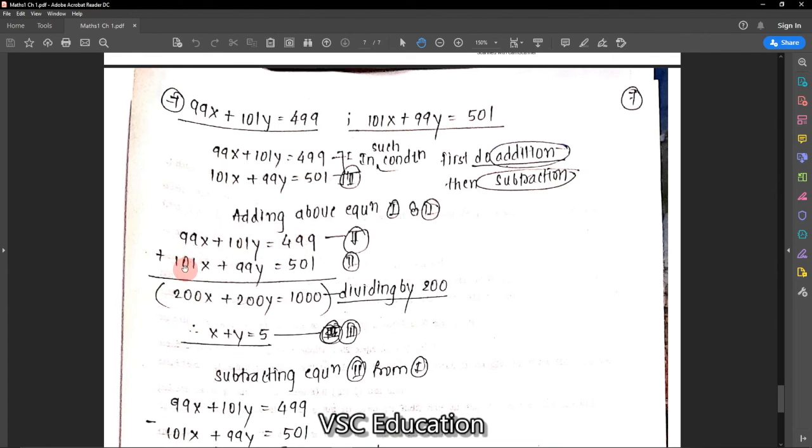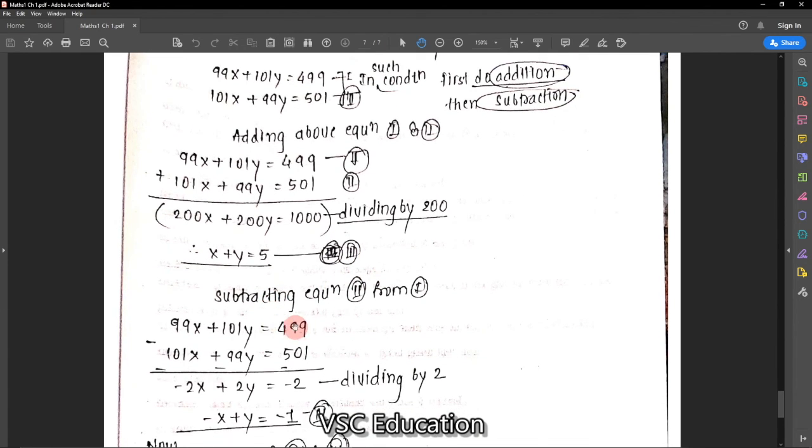Second equation लिहायचा आहे 101x plus 99y equal to 501. Addition, so no change of sign. Directly you write 101 plus 99, 200x. Same sign, so 200y and this 1000 divided by 200, we get x plus y equal to 5. Very easy equation we got, that is equation number 3.